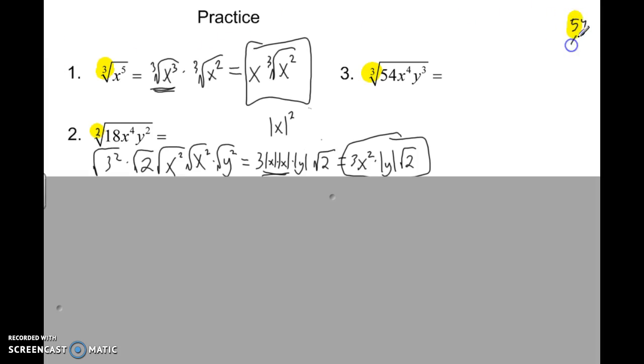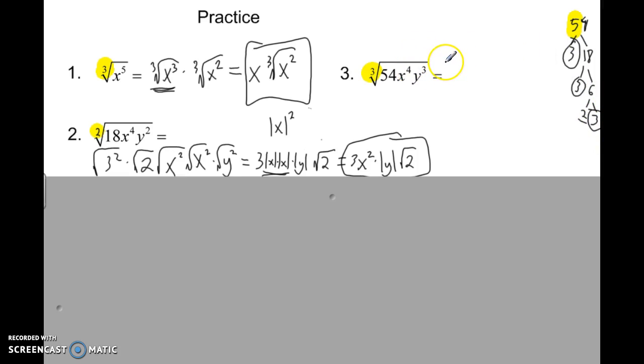If we do 54, that would be 3 and, let's see, 3 times 18. 3 times 6 is 18, and then 2 times 3. So I have a 3, a 3, and a 3. I have 3 3s and 1 2 left over here.